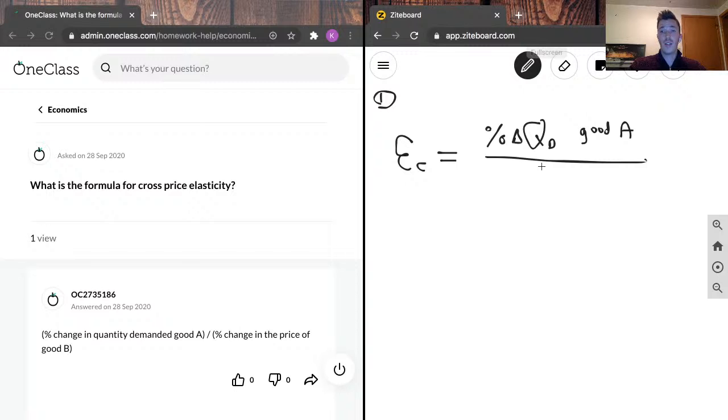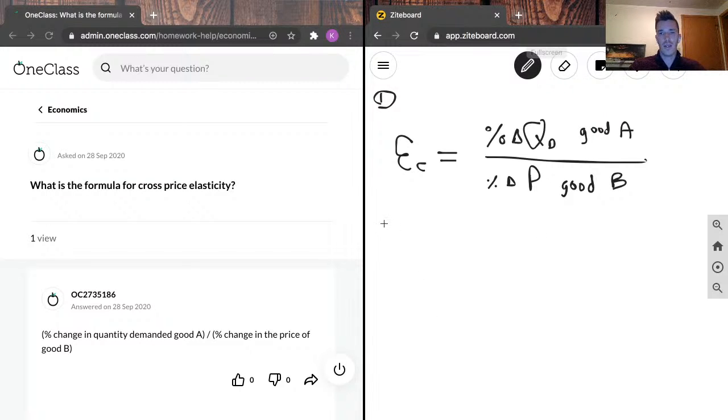So we get the percentage change in the quantity demanded of good A divided by the percentage change in the price, denoted by P, of good B. And this basically shows how responsive the change in quantity demanded of good A is when there's a change in the price of a different good that it's related to.